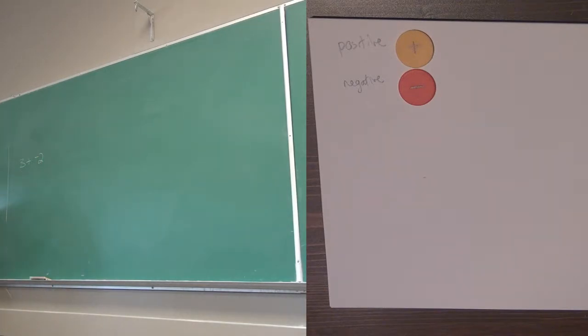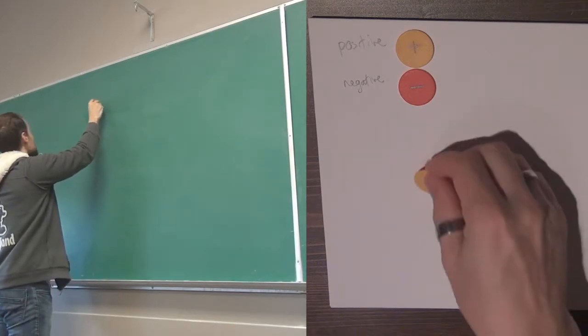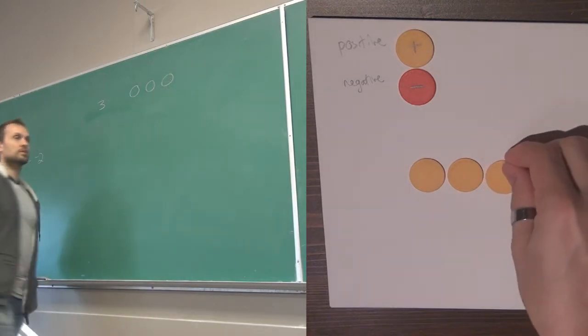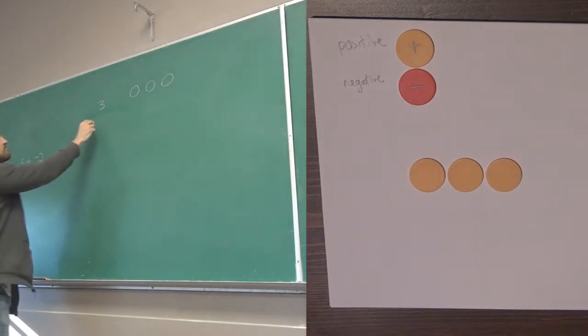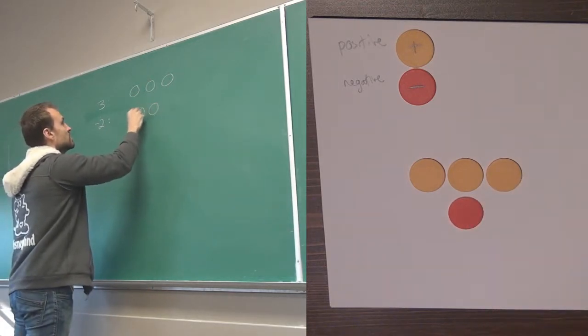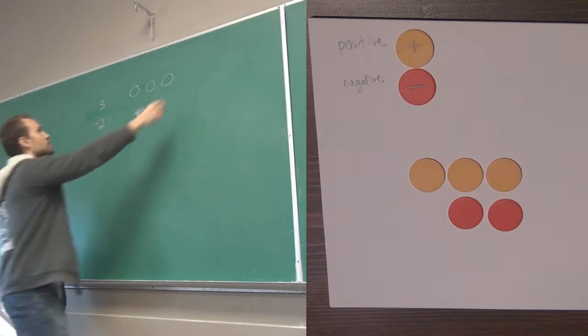So I am still putting stuff together, because plus means add stuff together. So I have my original 3 positive tokens. Then I have my negative 2, so that is 2 negative tokens. And I'm putting them all together.